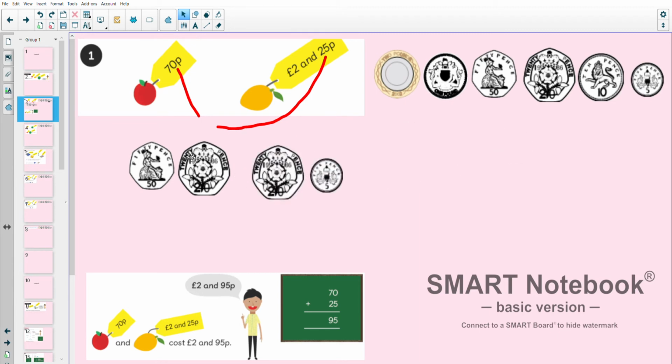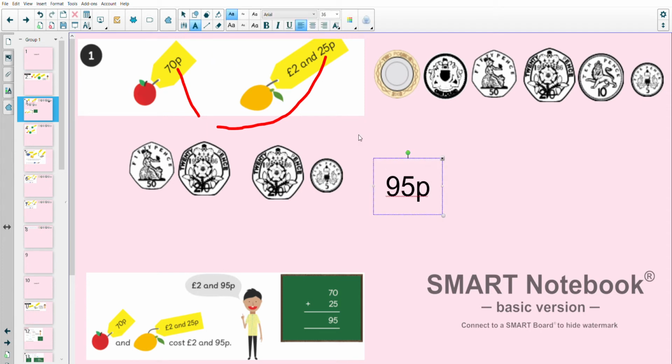Add it together, I've got 50, add 20 is 70, add 20 is 90, add 5 is 95 pence. I've also got the pounds to think about, so I always do it separately. I've got no pounds here and 2 pounds here, so I'm going to add the pence, which is 95 pence, add the 2 pounds, and I get 2 pounds and 95 pence.